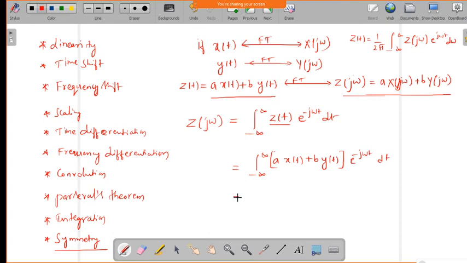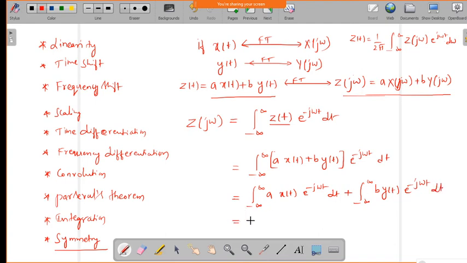Okay, so you can split this one, so we will get integral from minus infinity to plus infinity of a into x of t into e power minus j omega t into dt, plus integral from minus infinity to plus infinity of b into y of t into e power minus j omega t into dt.